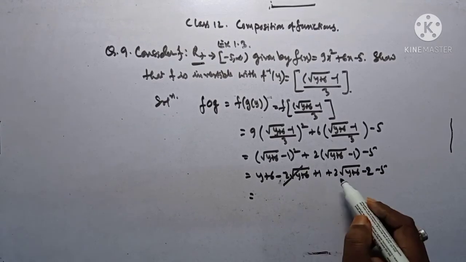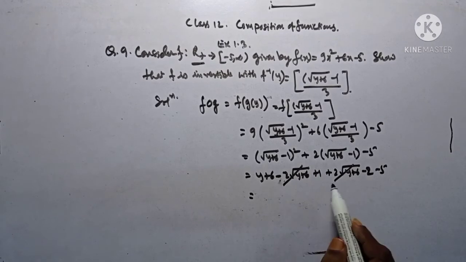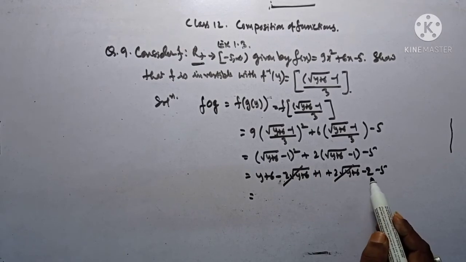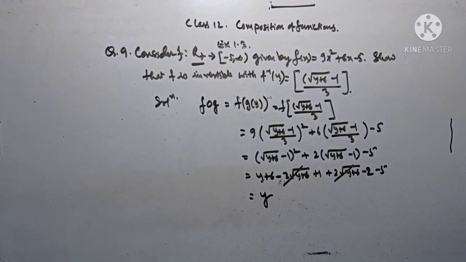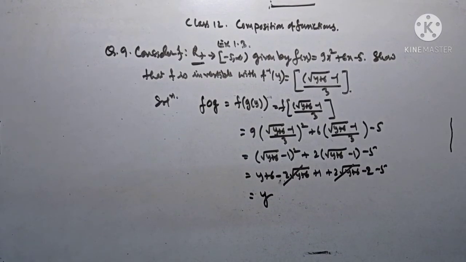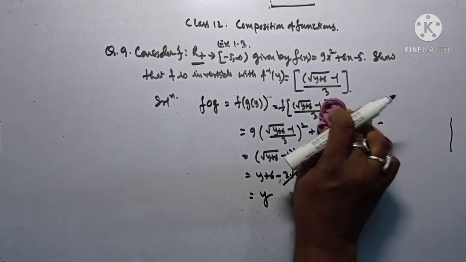So this cancels out, and the constants cancel out, this is equal to y. So your fog is y, and now I am going to find out gof.